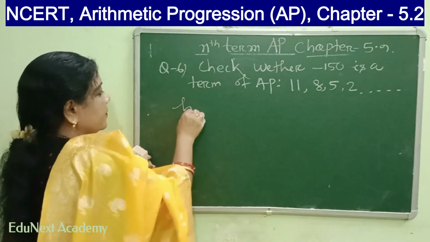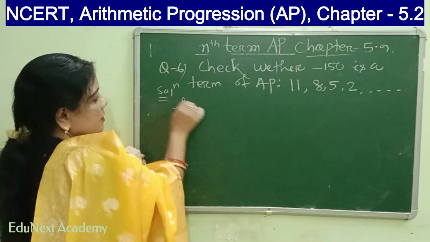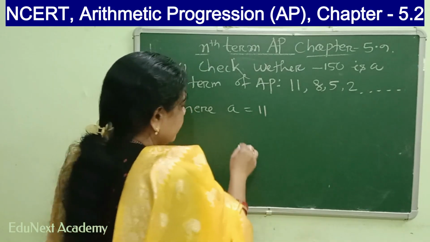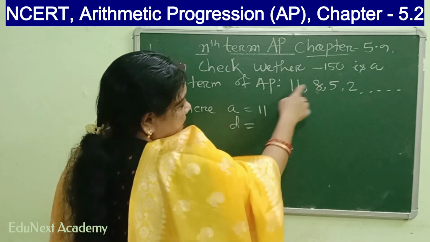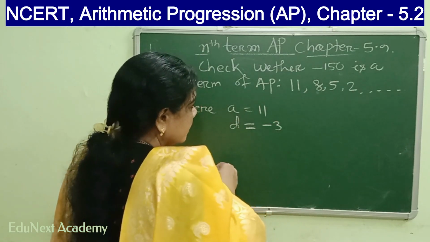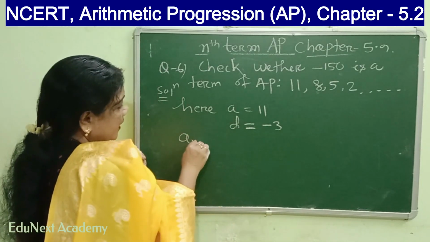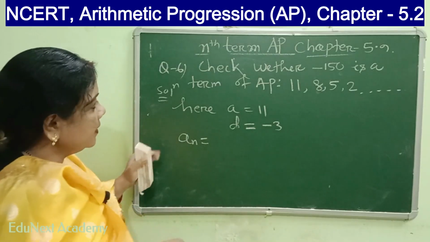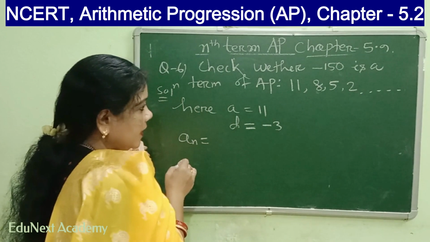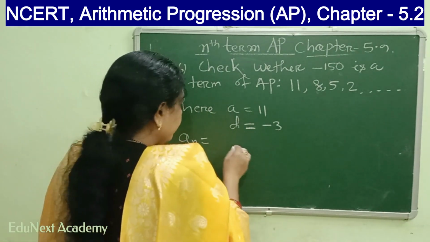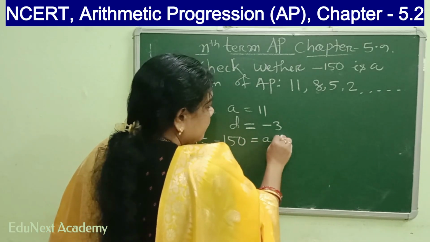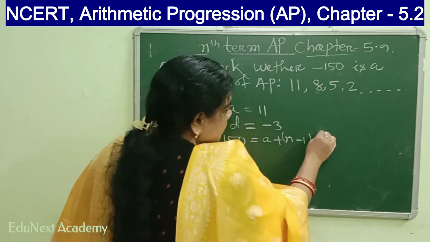So here, solution: a is 11. Now d is 8 minus 11, that is minus 3. That means this an we have to find out. Here an is minus 150. So an, that is minus 150, is equal to a plus (n minus 1) into d.